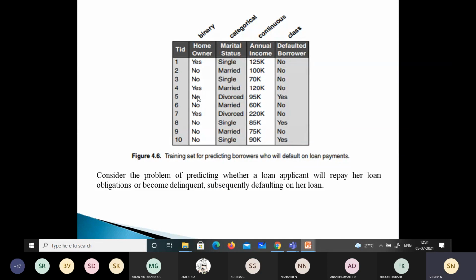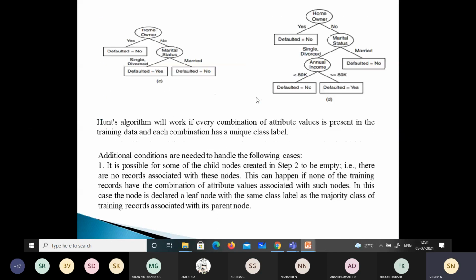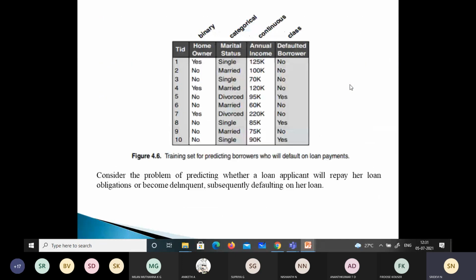And which is the other one? Yes, no, divorced, and the annual income is greater than 80K. So this becomes the right child. No, divorced, greater than 80K, and again he has not paid the loan, isn't it? Yes, he has not paid the loan also. So the fifth record comes to the right side. We had 4 records. Under that, the third record came to the left side, and the fifth record we got to the right side.